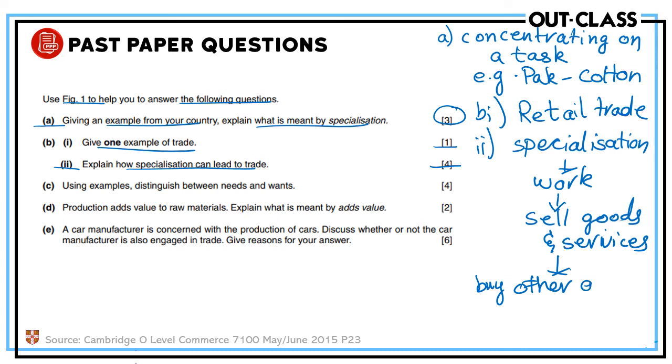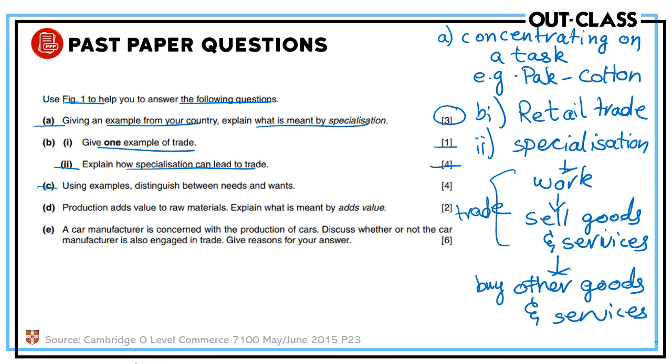So basically this is trade, that you are selling the goods that you're producing, making a profit and then buying other goods and services. So when we are writing about trade, we can also write that you sell goods yourself or through a wholesaler or retailer. That will add to your answer.